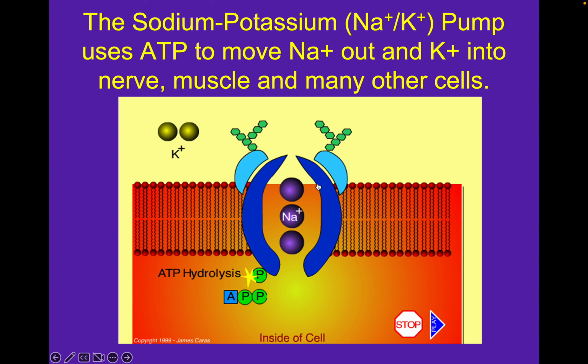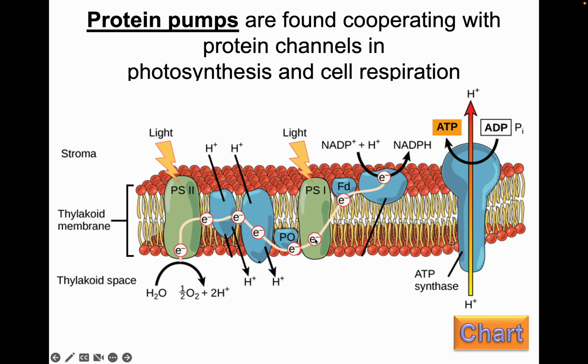The sodium-potassium pump is like a ball exchanging machine that uses ATP to pump out the sodium and bring in the potassium, ensuring the cell's proper function, especially in what? The nerve and muscle cells.